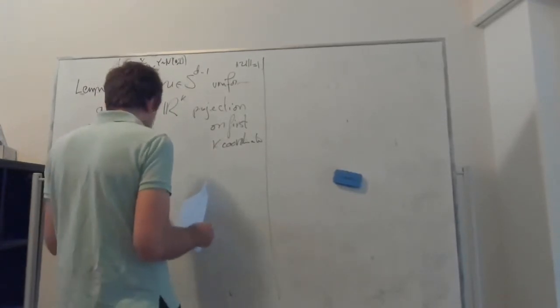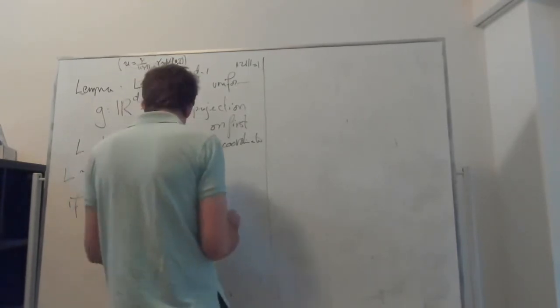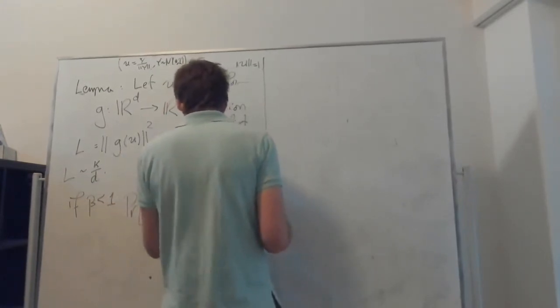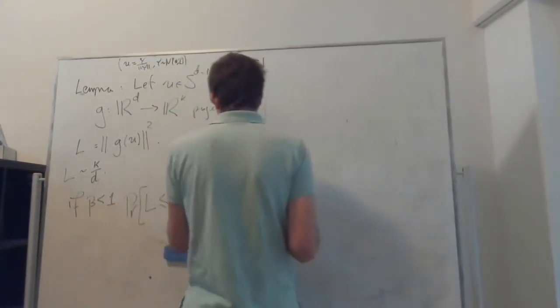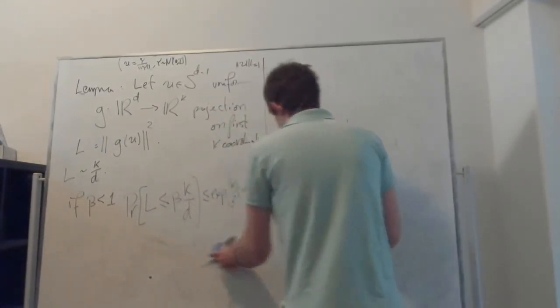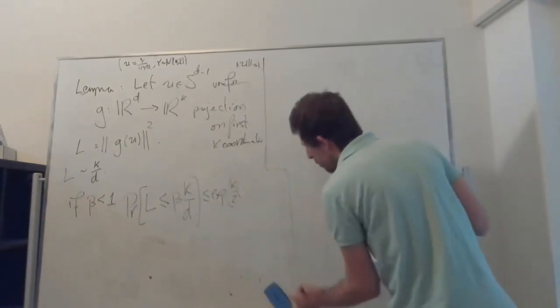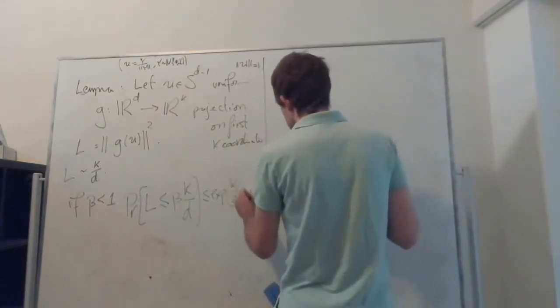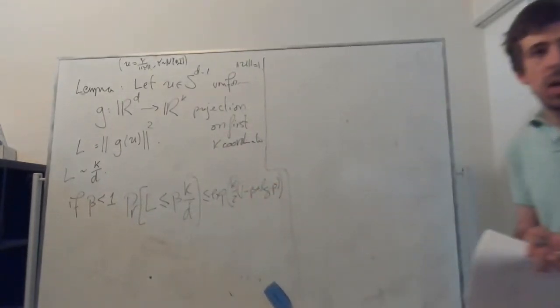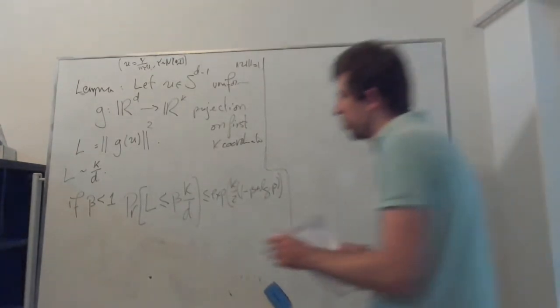If beta is smaller than 1, then the probability that this random variable L is smaller than k over d times beta is smaller or equal to exponential of k over 2 times (1 minus beta plus log beta). And we have the same thing for beta larger than 1.